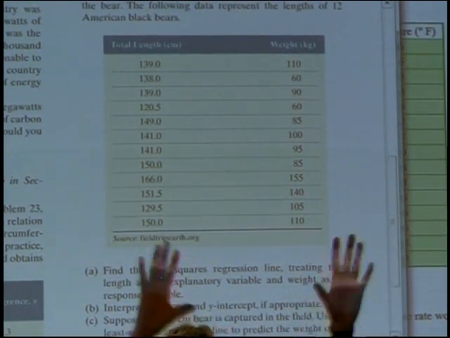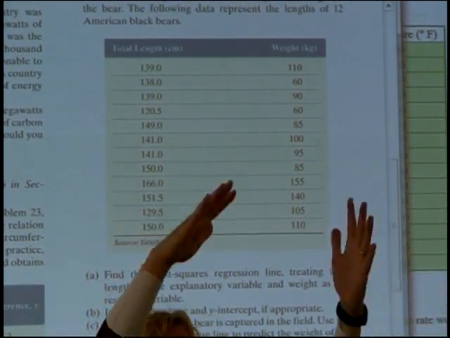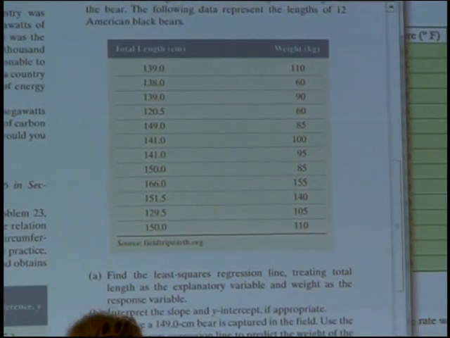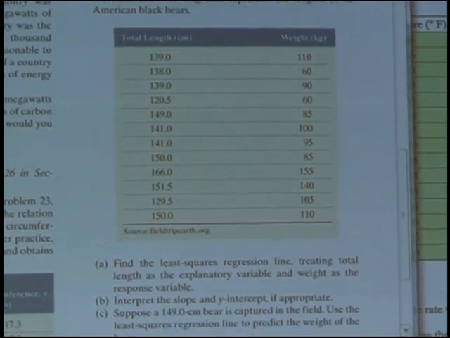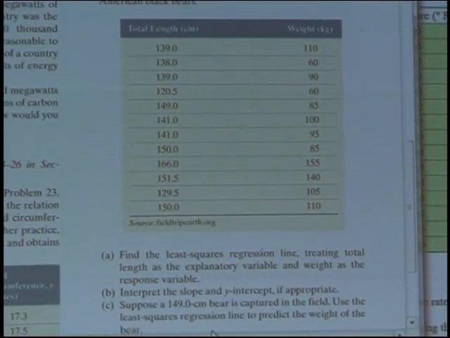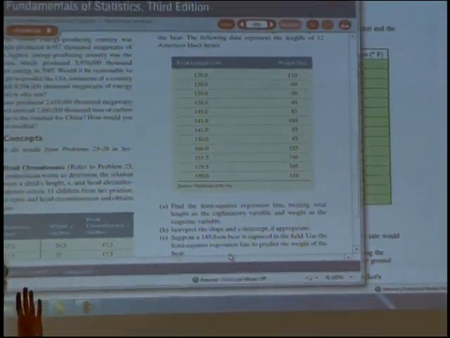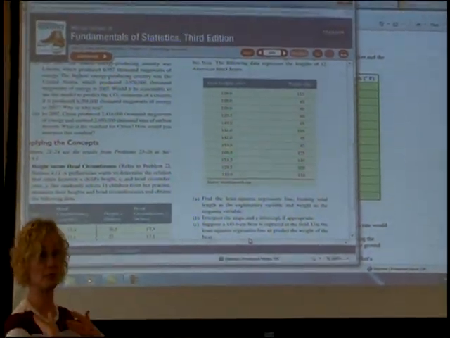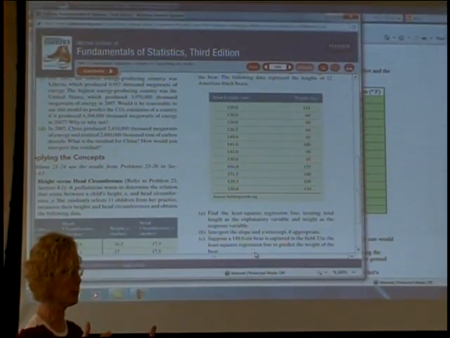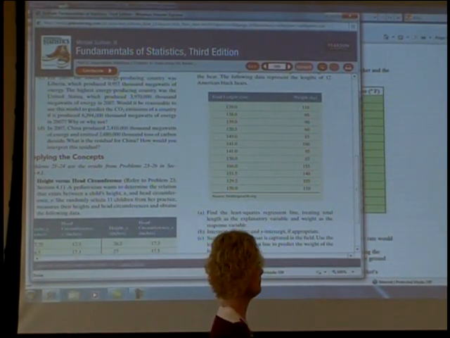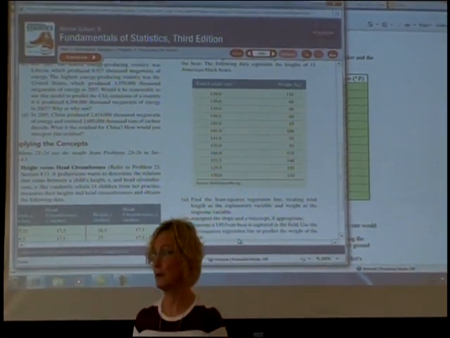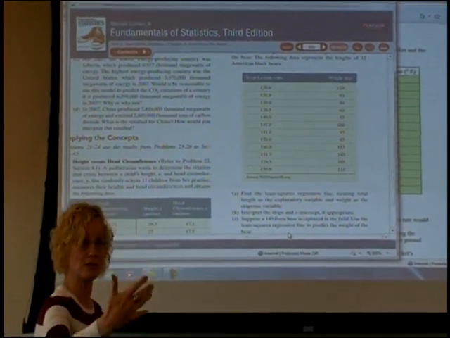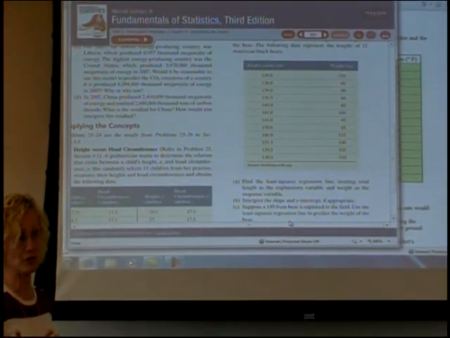That is the goal. So all this other stuff happens along the way, okay? Is that relationship something that is visibly viable? Then what is the strength of the linear relationship? We talked about that, right?